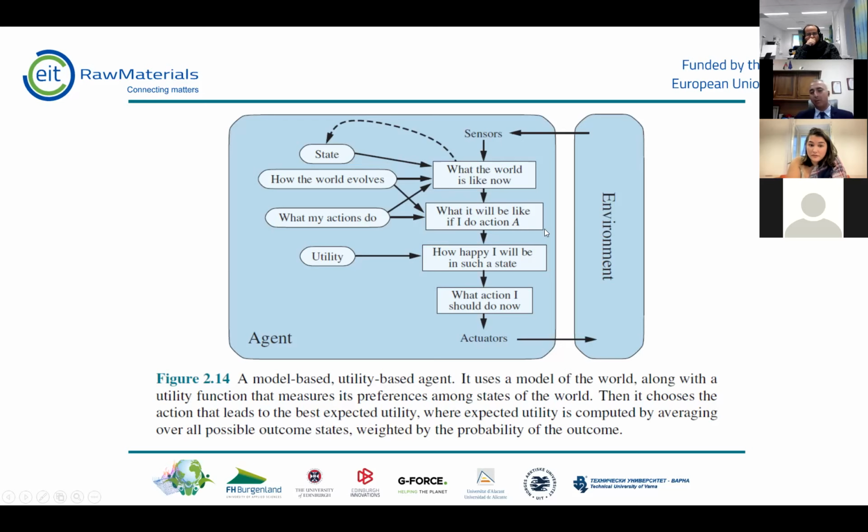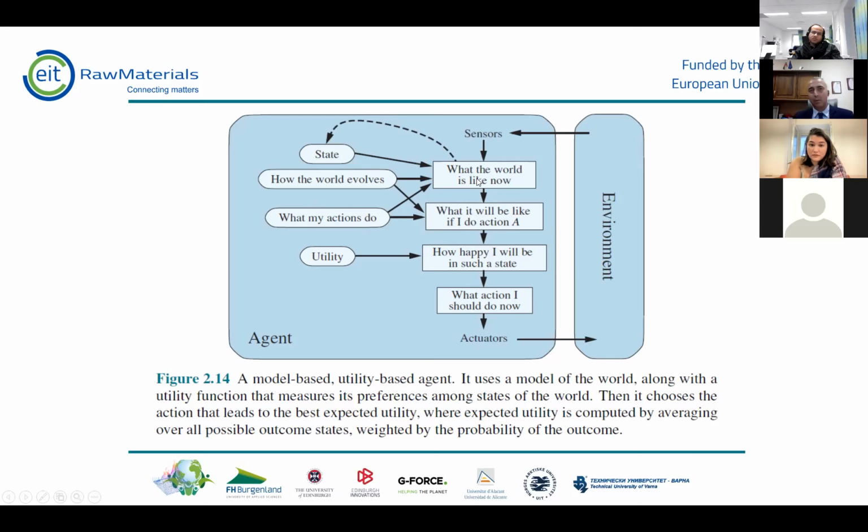I have a list of actions that I can do as a robot, and then I evaluate what will happen if I do action A or B. So there is a model that really explains what specific action will cause to the environment, or what the consequences are for the behavior implemented in that way.